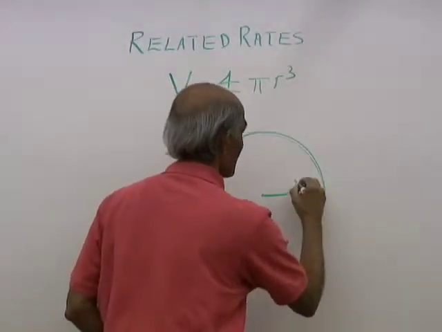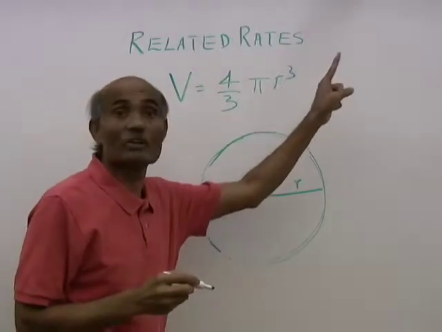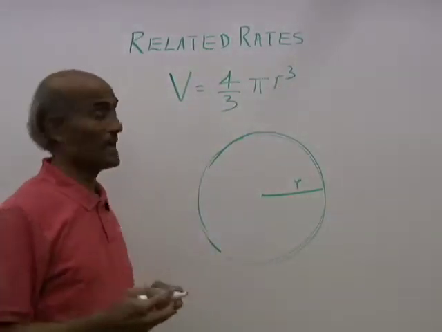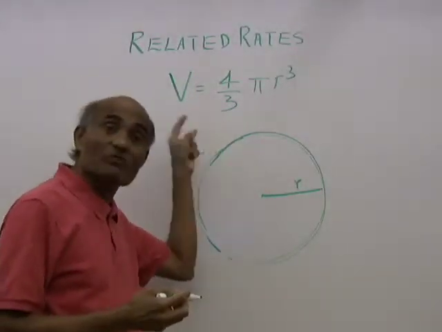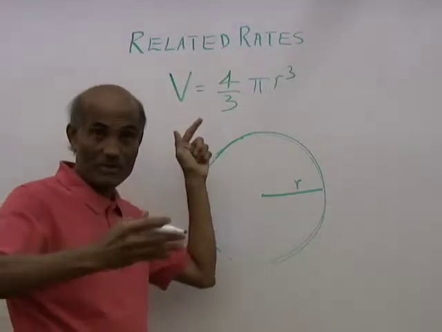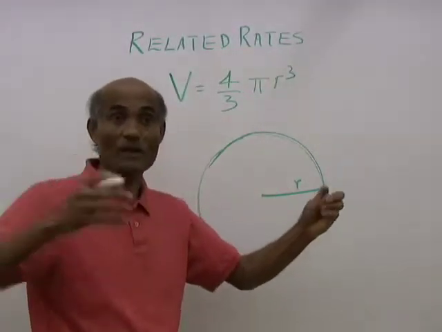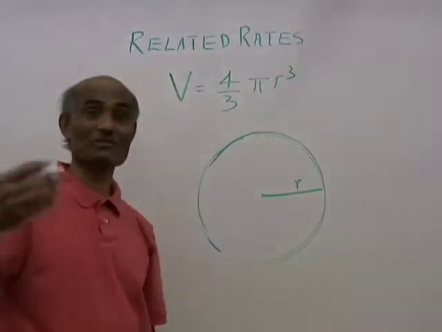That's the radius. Now, you notice that as radius increases, the volume also increases. Now, the rate at which the volume increases, that means the rate of change of volume with respect to time, depends on the rate at which the radius changes.